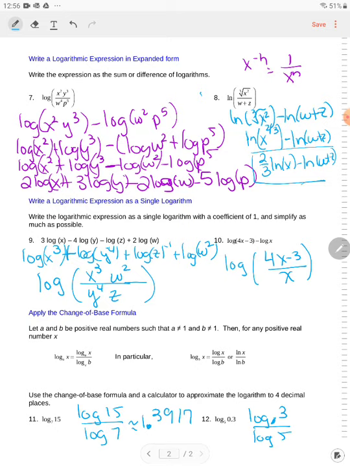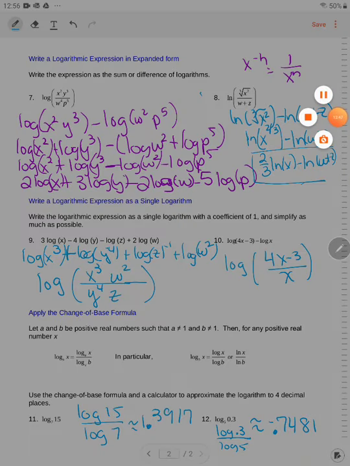Log of 0.3 divided by log of 5 is approximately negative 0.7481. That is, again, log of 0.3, the argument there. And then notice the base is below, so we're going to put that log 5. Okay, and there we have it.